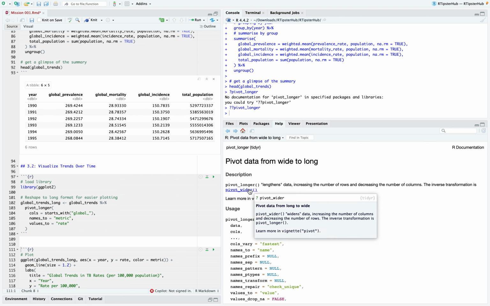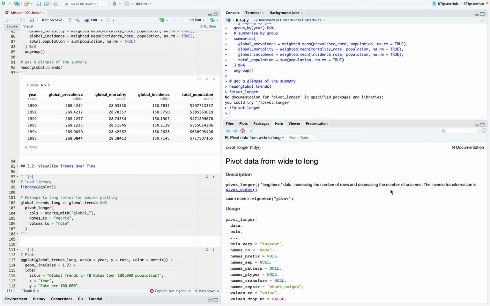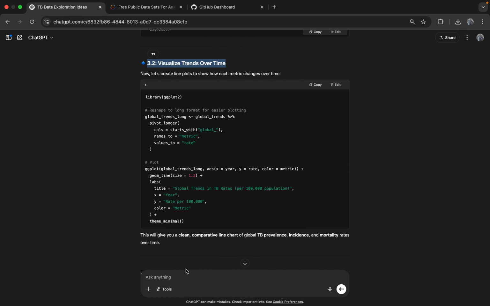Pivot longer lengthens data, increasing the number of rows and decreasing the number of columns. Okay. Just for quicker understanding, how would you explain the function pivot longer to a layman?